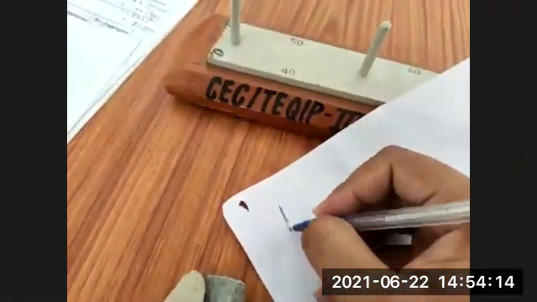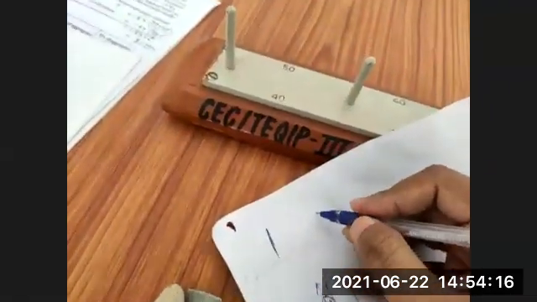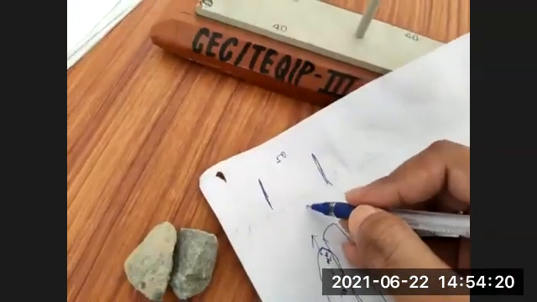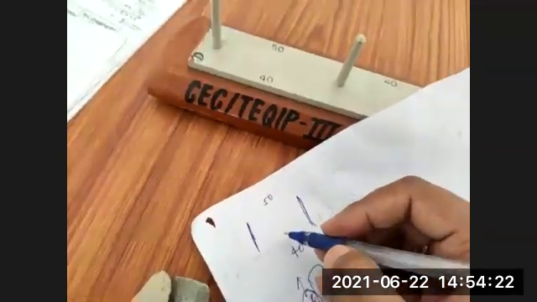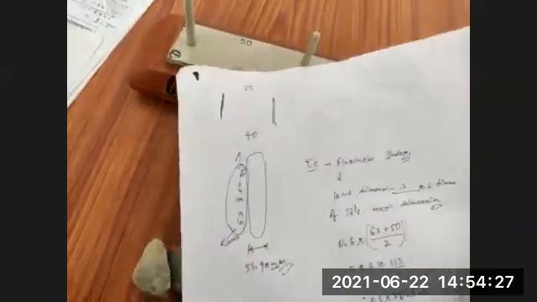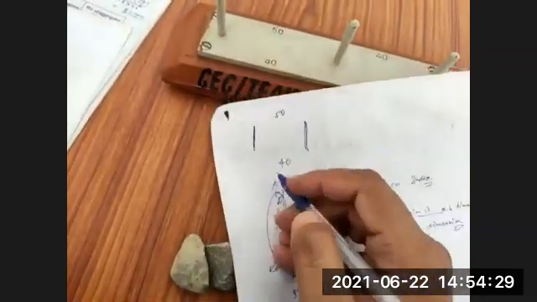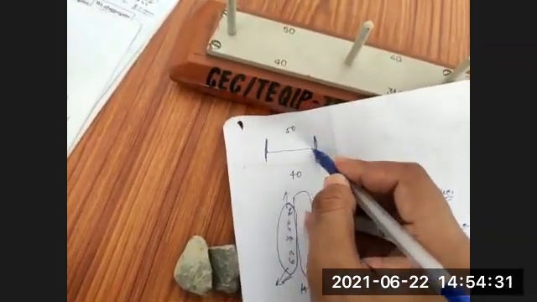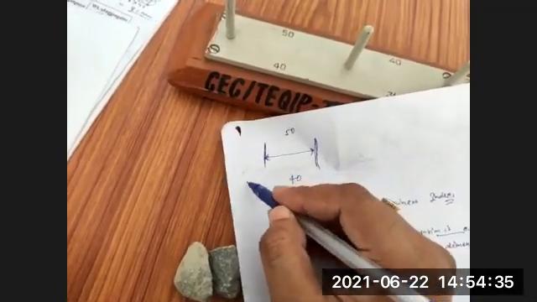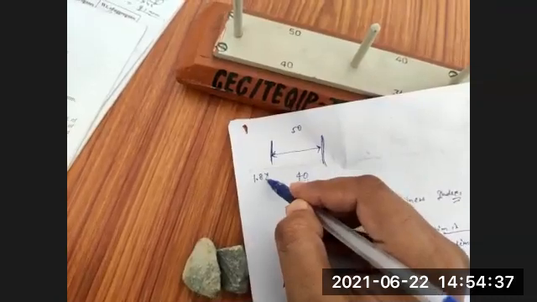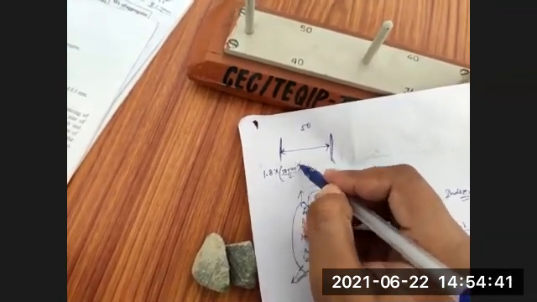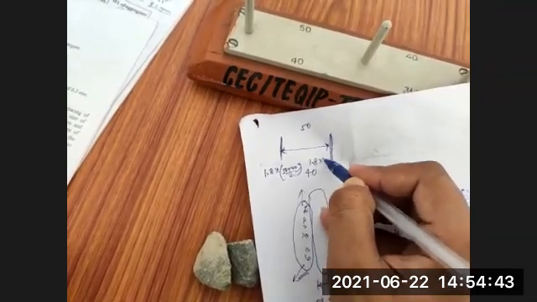This is one stand, this is another stand, and in between, the distance 50 and 40 is given. So basically this is our length gauge, and the length gauge is used to find the elongation index. How do we find this size? This size is given by 1.8 into the mean size. The mean size is 50 plus 40 divided by 2, so 1.8 into 45.